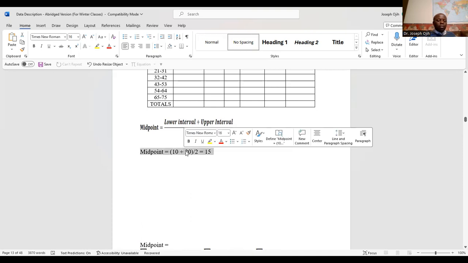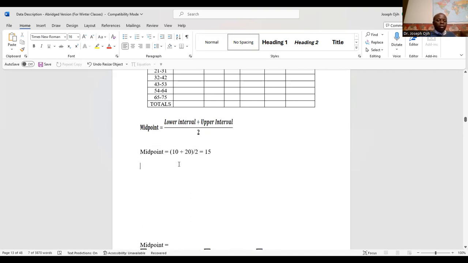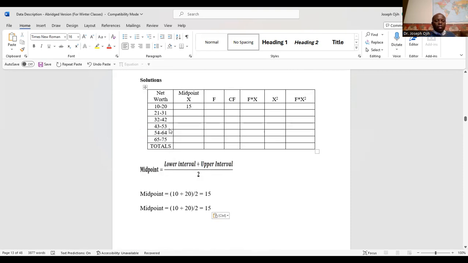So the second midpoint will become lower class plus upper class. That's going to be 21 plus 31, divided by 2.